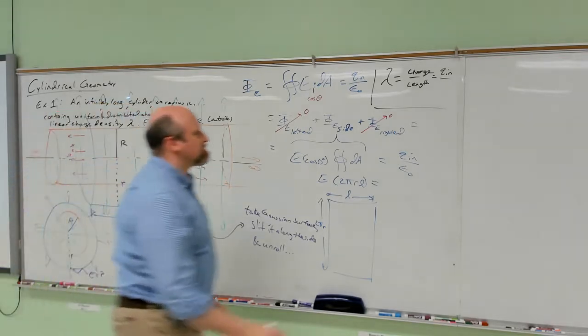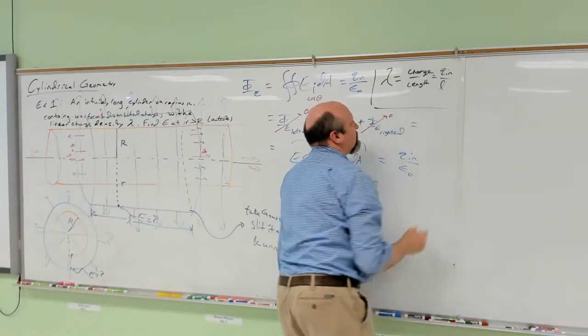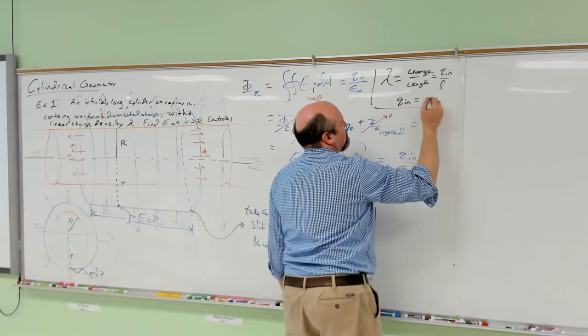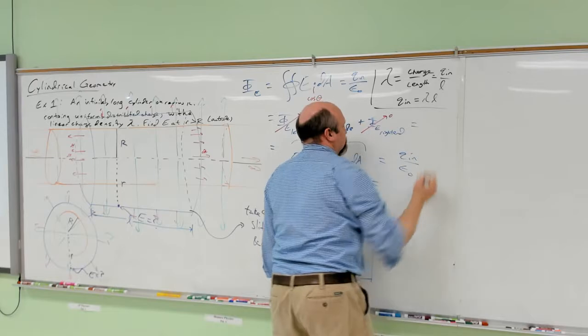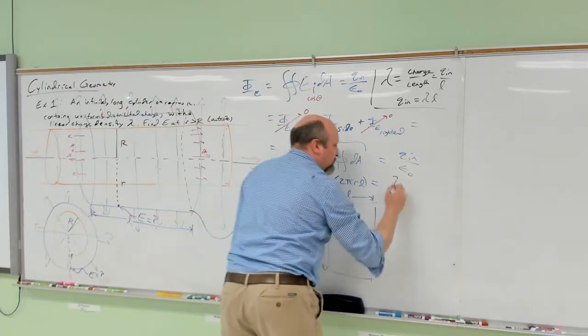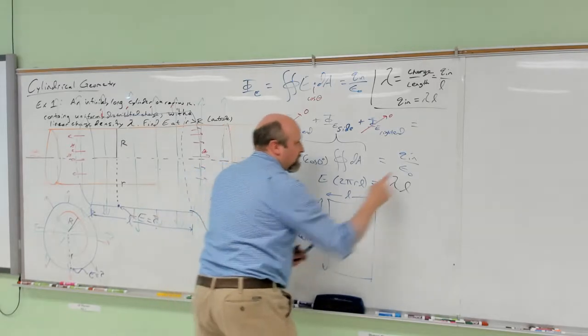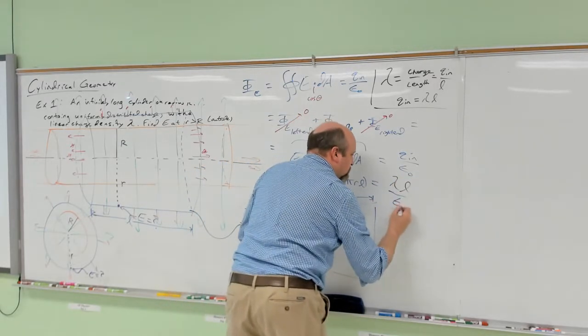That's this cursive L. So it'll be Q in over L. So rearranging, what's Q in? That's just lambda L. And so that's what goes in there for Q in, lambda L, and I still have that over epsilon naught hanging around.